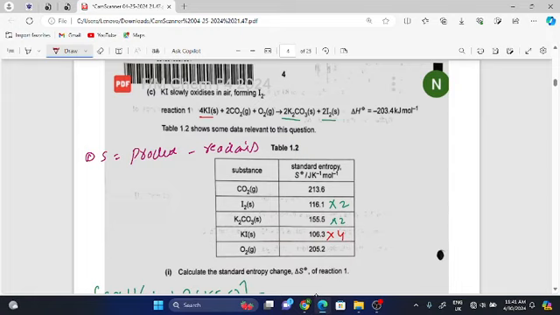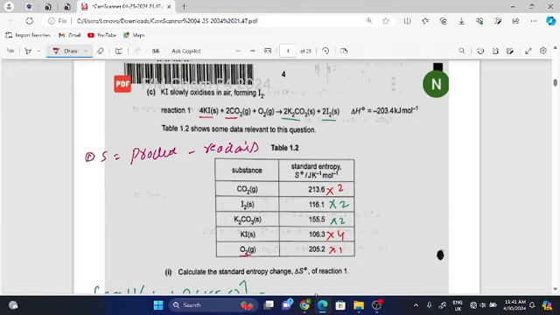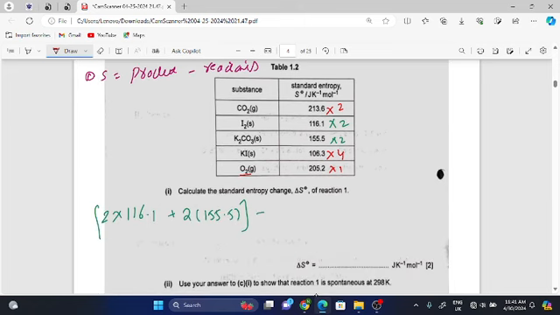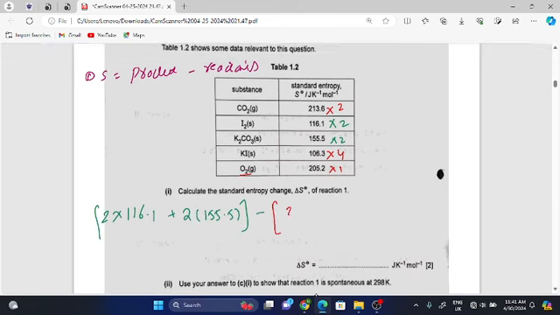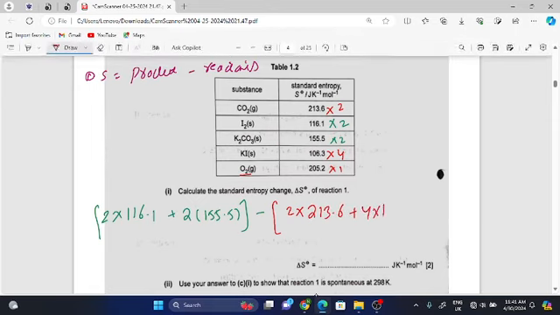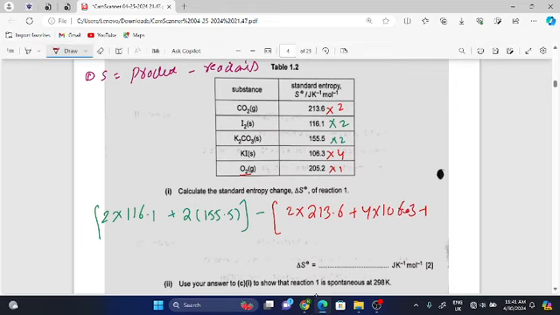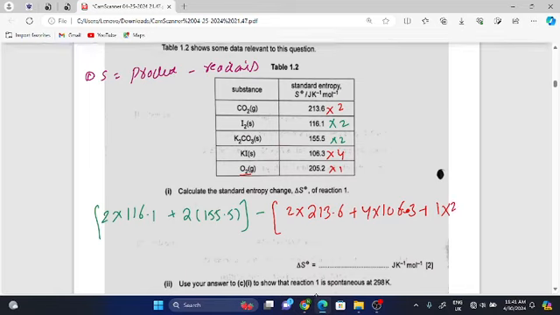2 times CO2, so times it by 2 for that one, and 1 times O2. So that becomes 2 times 213.6 plus 4 times 106.3 plus 1 times 205.2.